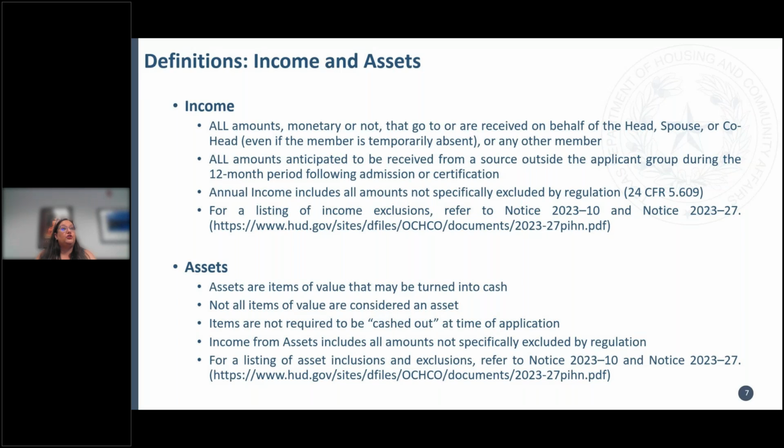So for June and the first week of July, it's mostly going to be income related. Then we'll jump into assets, and then we'll have some case studies towards the end where we put it all together. Assets that are not excluded by regulation will be included in the household's or the family's calculation of income. And you can find that list of excluded assets on that link as well.